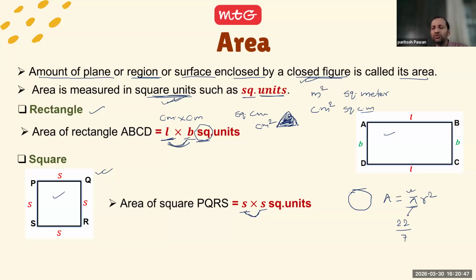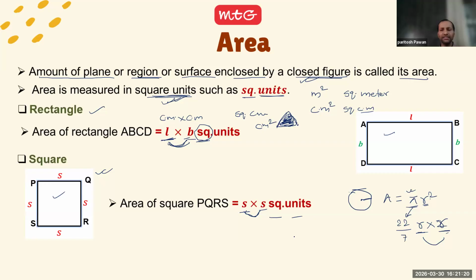Here r is the radius of the circle. R square means r into r, so here we are again multiplying two lengths. So in any formula where we calculate the area, definitely two lengths have to be multiplied, and that's why its unit will always be a square unit, square centimeter or square meter, something like that.